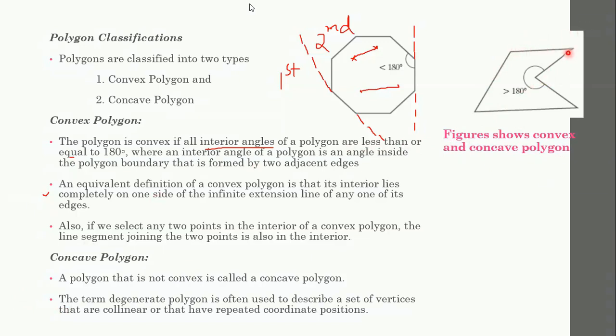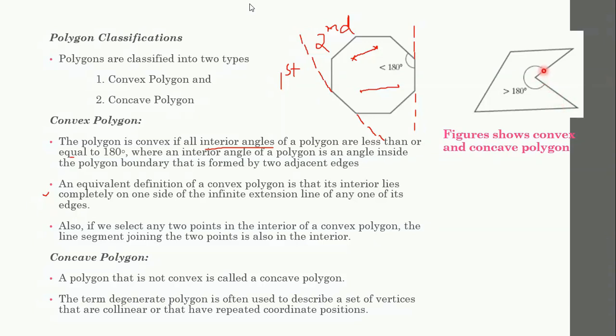First consider these two edges. Here this angle is less than 180 degrees. Let us consider the second pair of edges, which also has less than 180 degrees. Let us check these two edges. Here also it is less than 180 degrees.